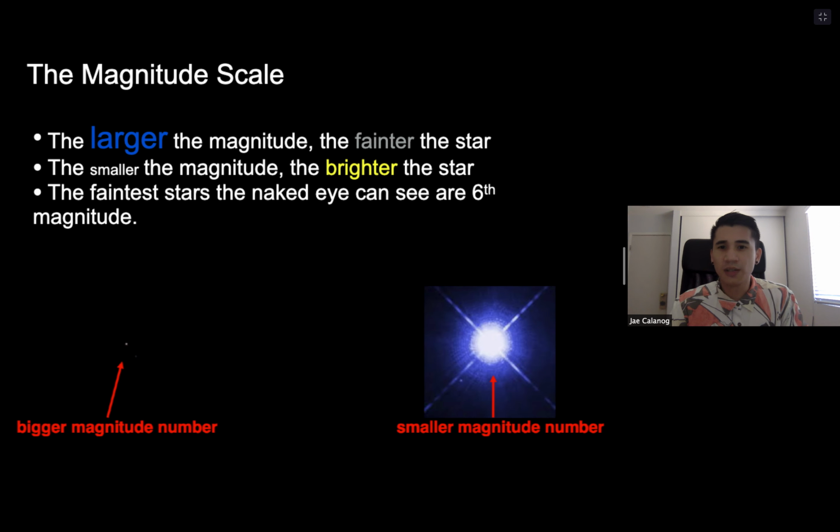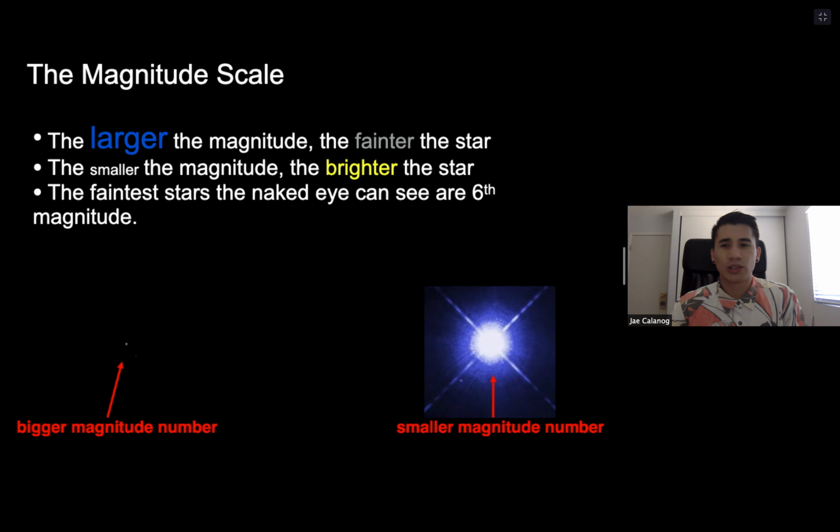It's harder to see, and so you would assign it a larger magnitude number. Let's give it a number like magnitude 9. And the star here on the right is a lot brighter than the star on the left, so you would assign it a smaller magnitude number. Let's say it could be 1.